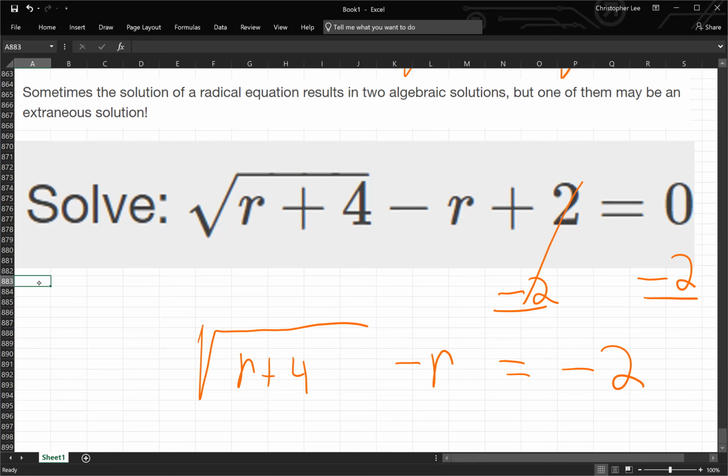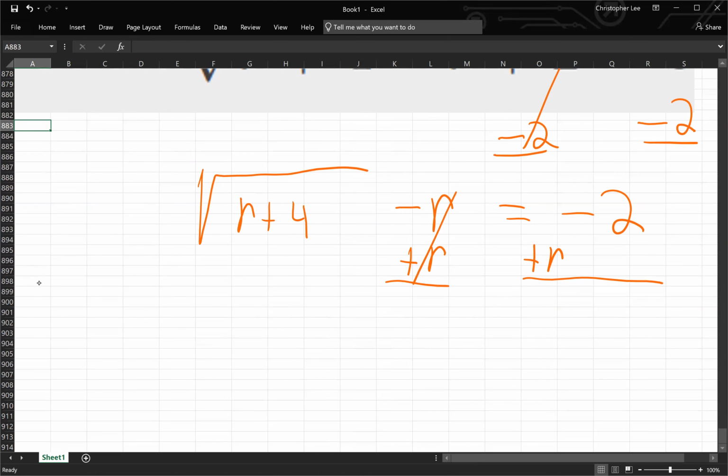Before that, add r on both sides, right? Because remember, I have to isolate my radical. So now I have the square root of r plus 4 is equal to r minus 2.